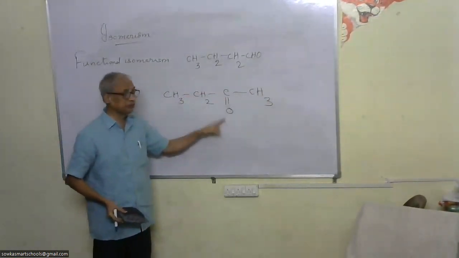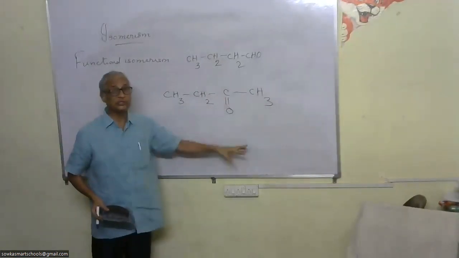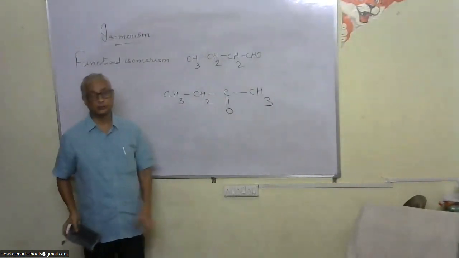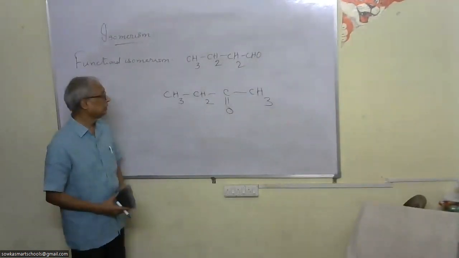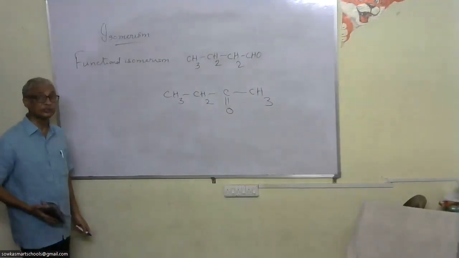Here the functional group is carbonyl group or keto group. Because functional groups are different, these two belong to functional isomers. That is the second kind of isomerism which we find in aldehydes and ketones.